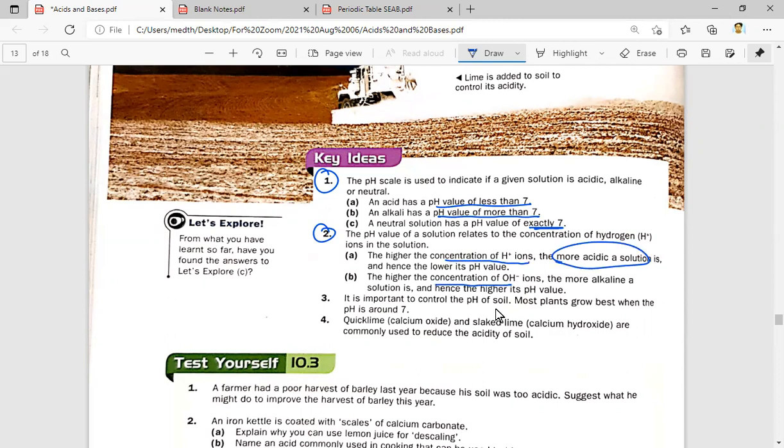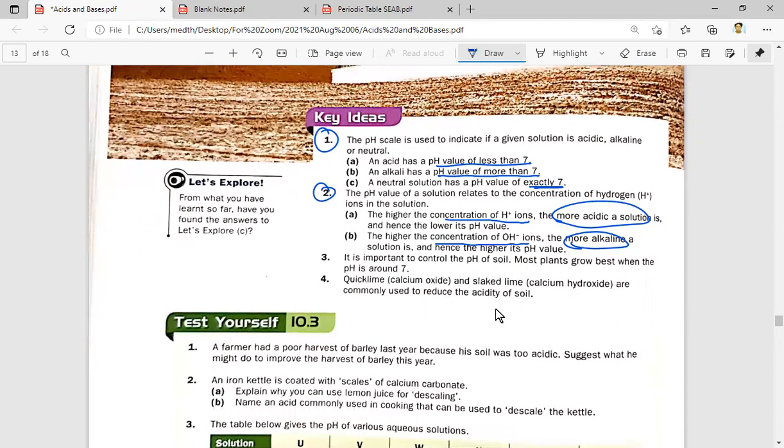The higher the concentration of OH-, the more alkaline the solution is. Next, plants grow well when the pH is around 7. How can we help to control it? We can add quicklime, which is calcium oxide, or slaked lime, which is calcium hydroxide, to reduce the acidity of the soil. So these were the 4 points that we have gone through just now regarding pH.